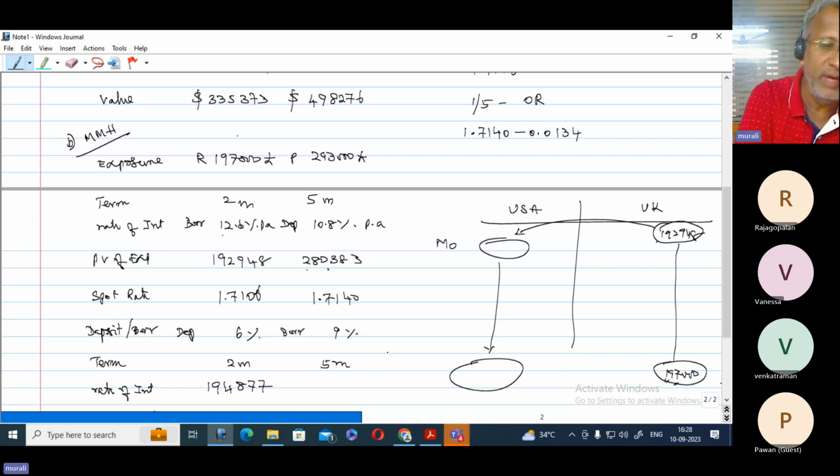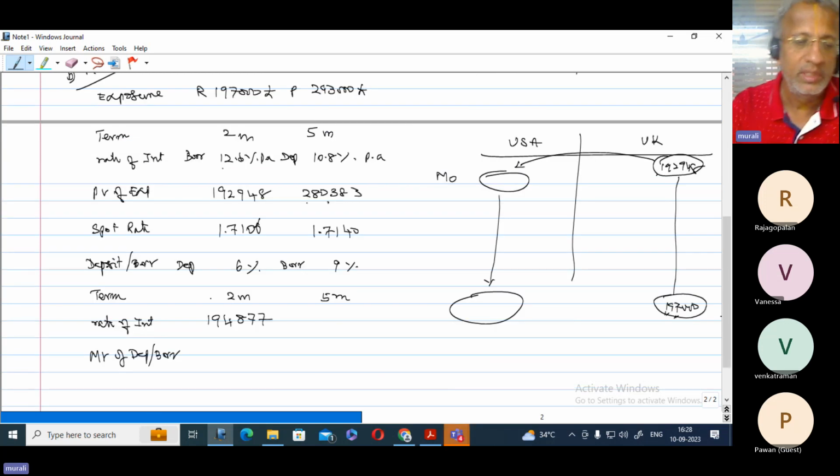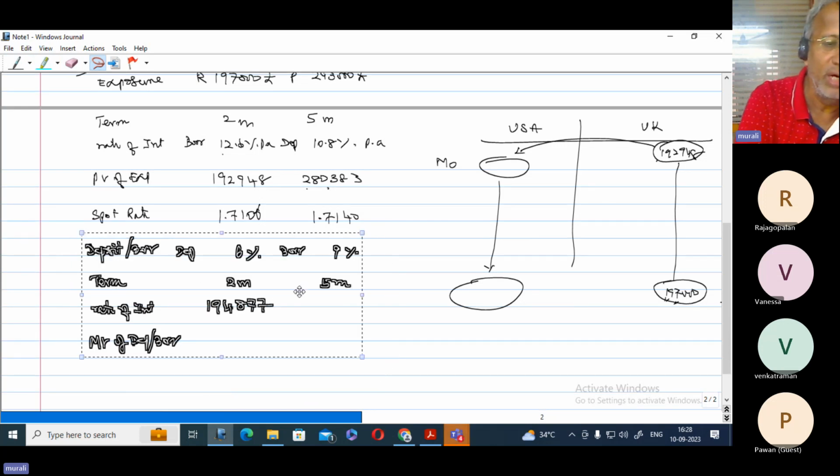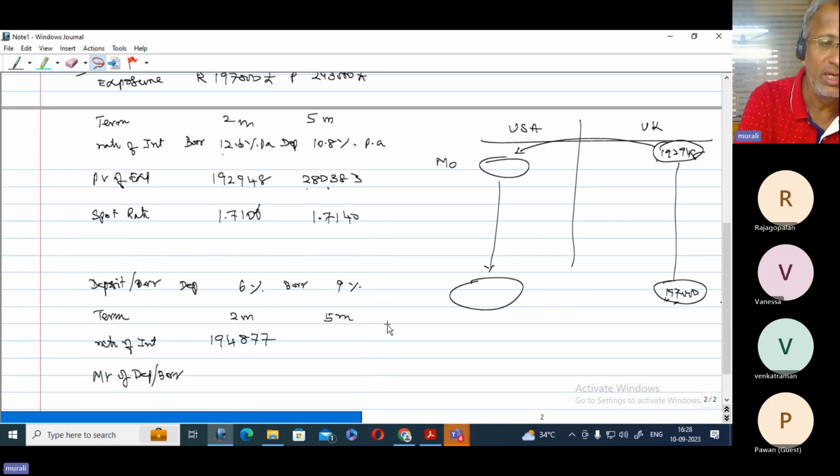See here, in between, I have not taken up one number. There is one function I have completely ignored. I will do that. I committed the mistake. I have not converted them into local currency. That I have failed to do. 192,948 multiplied by 1.7106.